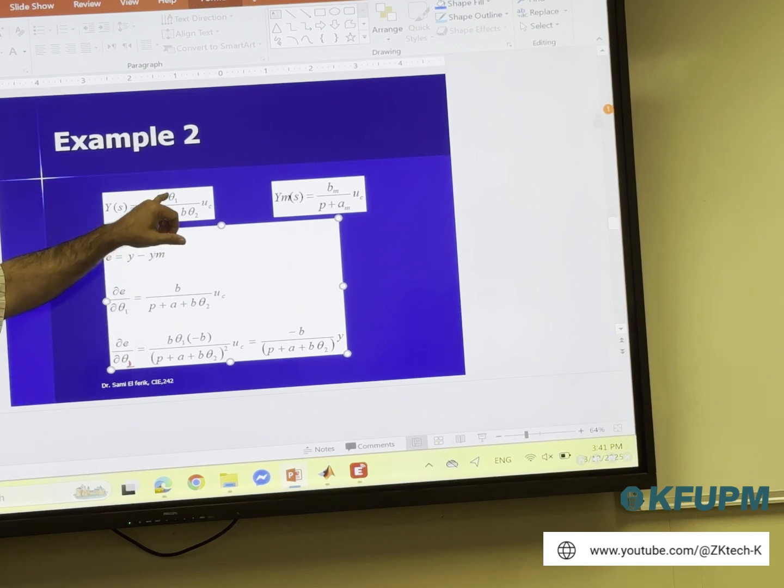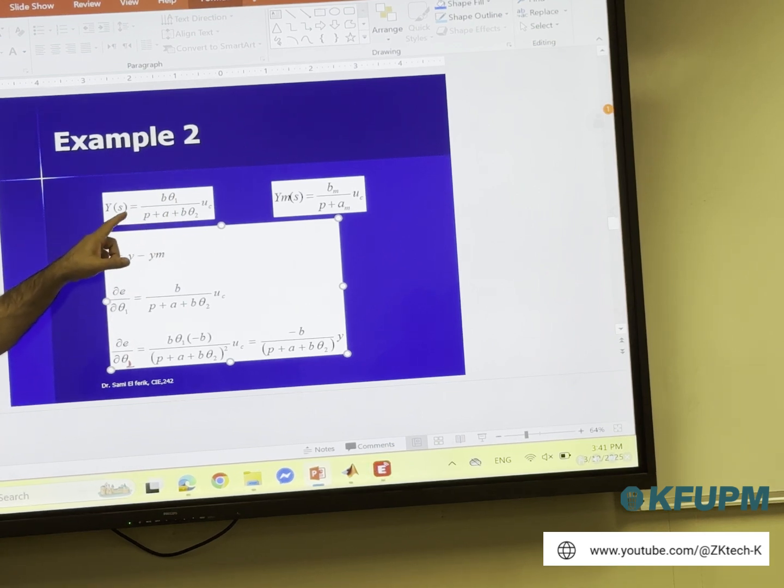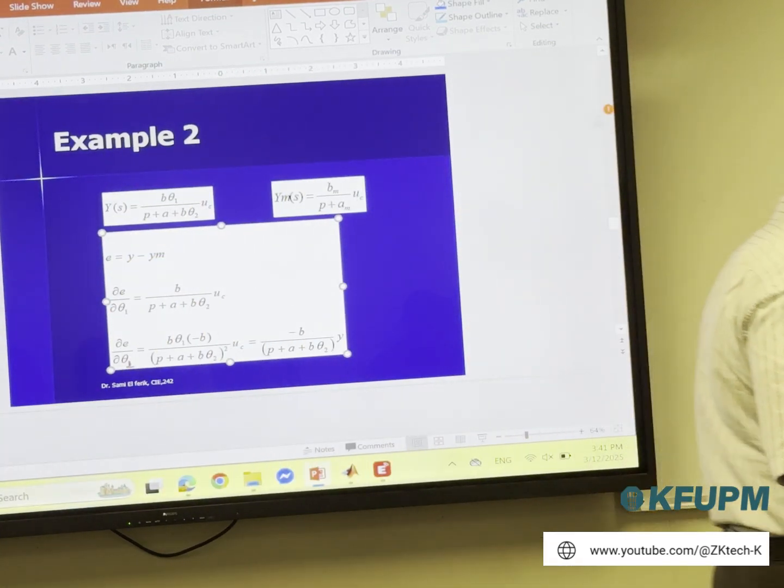However, theta 1, which is in the numerator, if I increase the value of theta 1, the error will increase. I'm not saying increasing or decreasing, it can be anything. They are opposite. But what I'm saying is that the rate of change, or the update, of theta 1, the effect of theta 1, is the opposite. So this is why one is minus, the other one is plus.